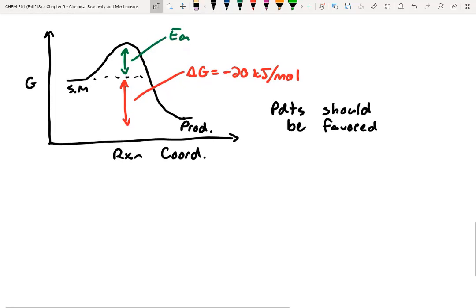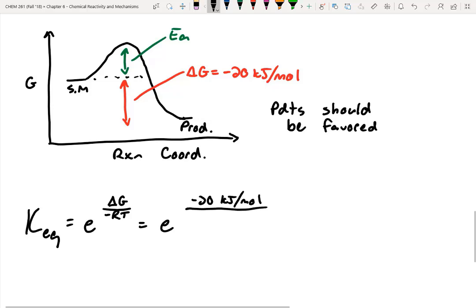Okay, so we said that KEQ is going to be E raised to delta G over negative RT. So we can plug this in and we can say E raised to the negative 20 kilojoules per mole. And then R, if you remember, is negative 8.314.